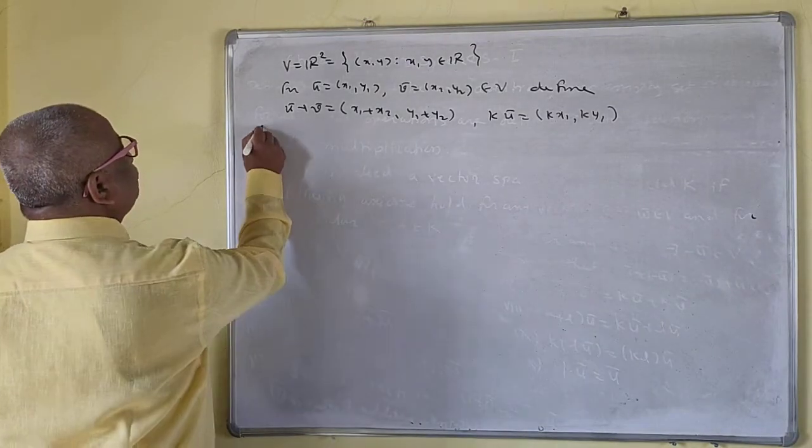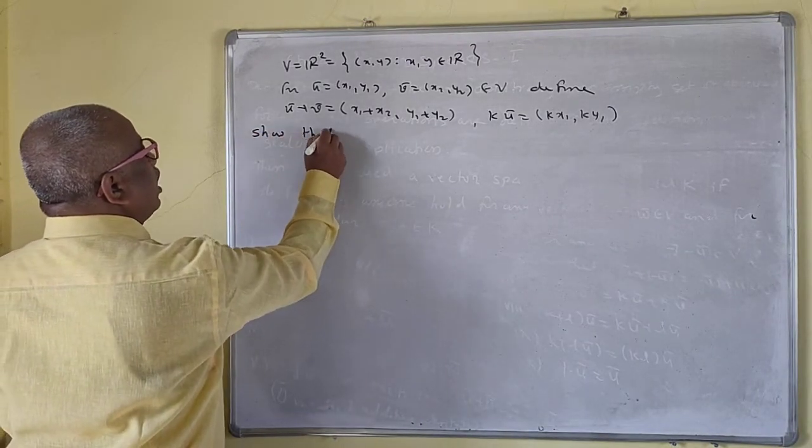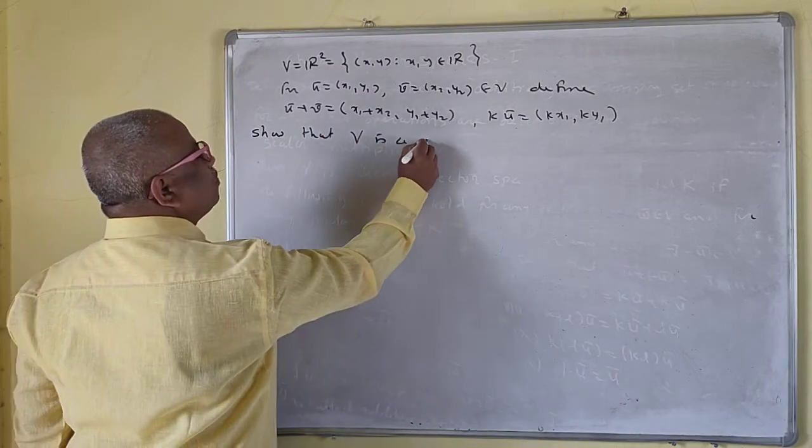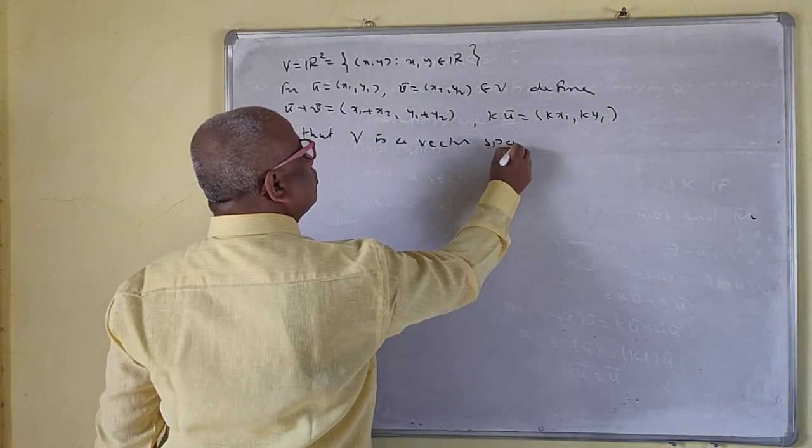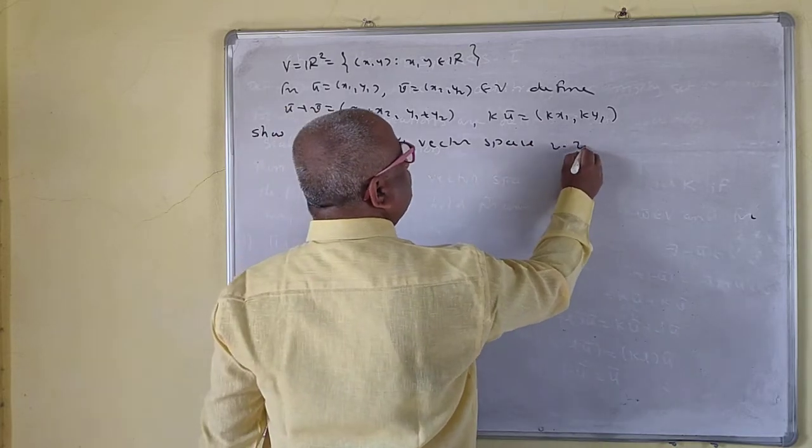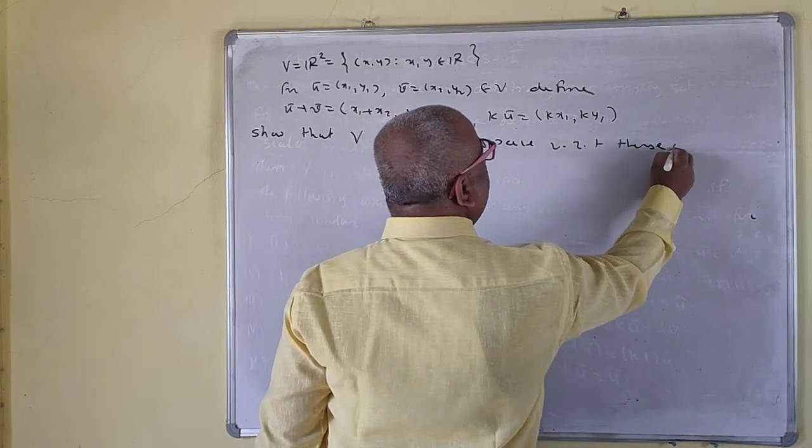Show that V is a vector space with respect to these operations.